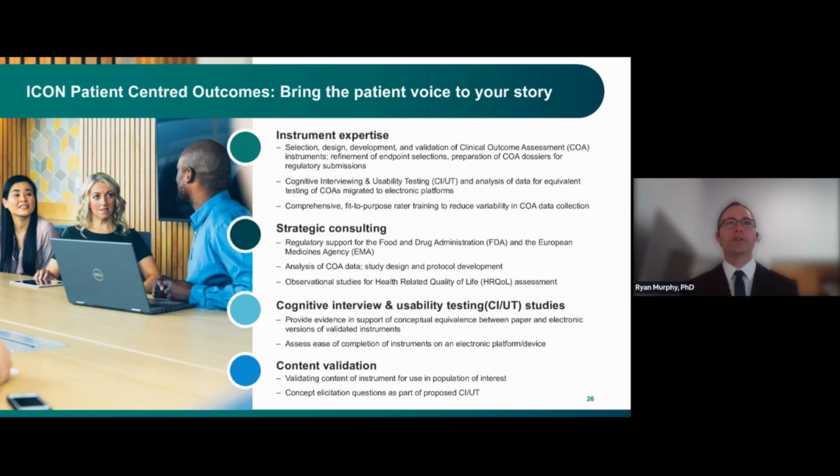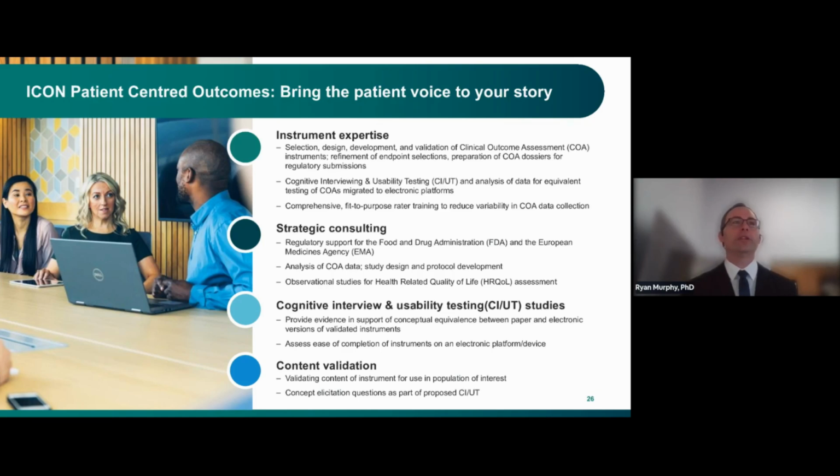Also, we can do some interviewing to make sure that these instruments are fit to purpose and correctly implemented within clinical trials, whether this is through cognitive interviewing, usability testing, and the analysis of the data for the equivalence between previously used paper versions or even paper backups if that is necessary for a clinical trial.